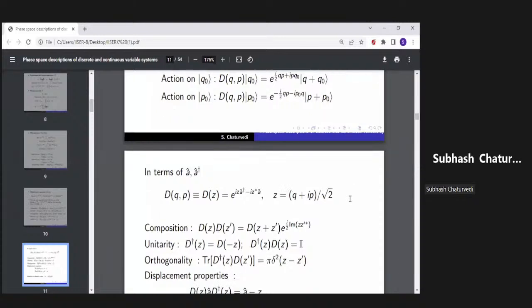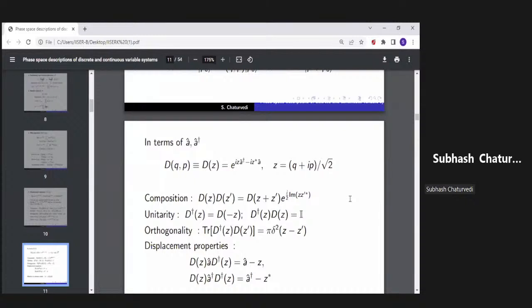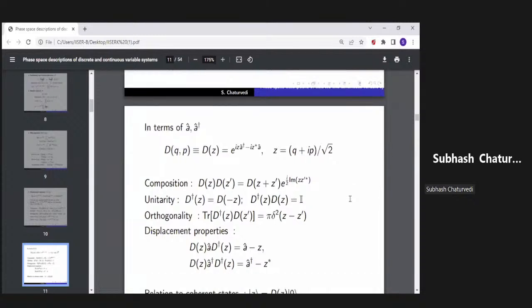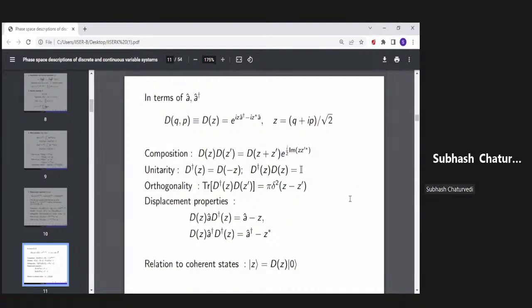Again, it proves convenient to rewrite all these properties in terms of a's and a daggers, which are linear combinations of q's and p's, and I have put them together in terms of z.